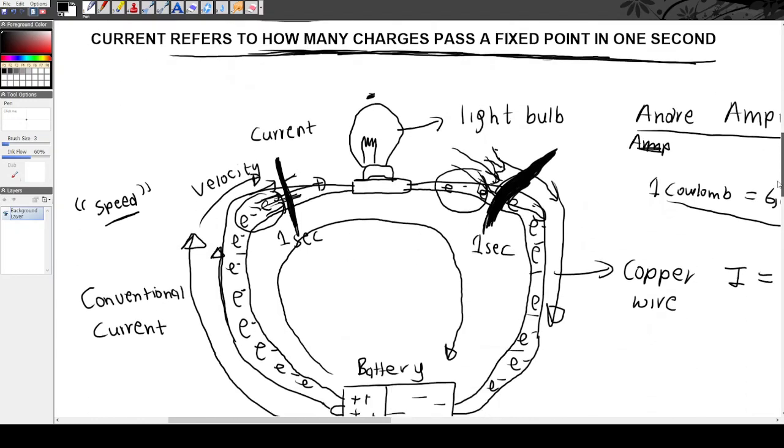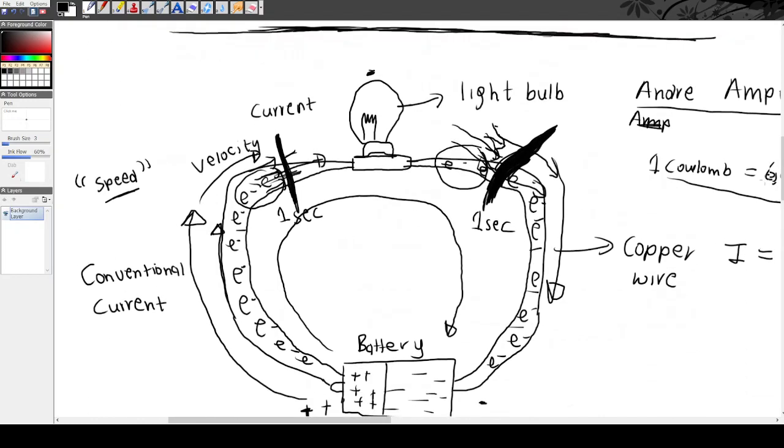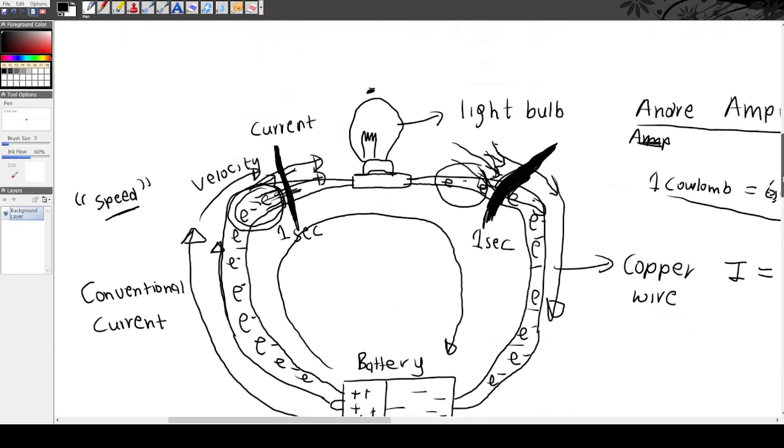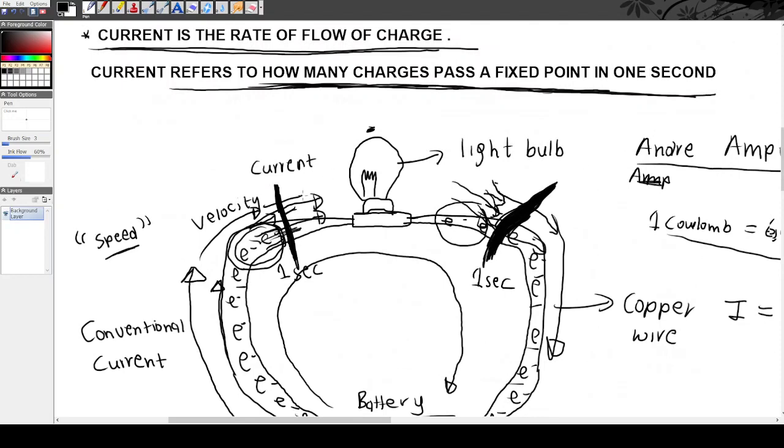That is the definition of a current, and let me explain what it means or how it was discovered. Andre Ampere placed a plane and calculated the coulombs of charges passing this plane in 1 second, and then he called that the current. So a current is the rate of flow of charges, or how many charges move past a fixed point in 1 second. Hope it makes sense.